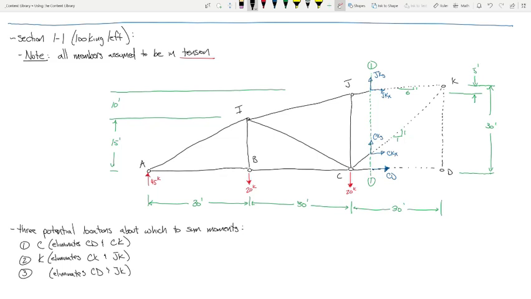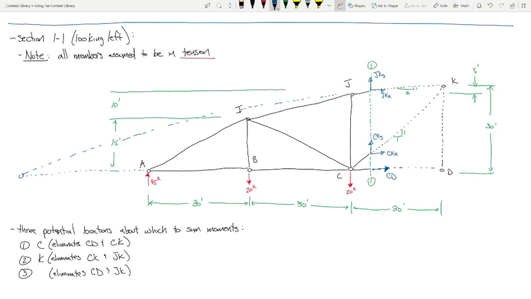We can sum moments anywhere. If we wanted, we could identify a location out here, and it wouldn't be all that difficult. We could identify the location out here about which we could sum moments.